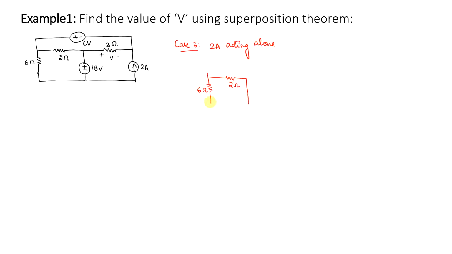This is going to be a short. 6 volt is also going to be a short. 3 ohms. This is plus minus V triple dash. Now I will represent it in triple dash, and this current source is here.